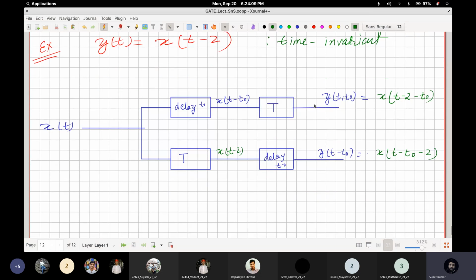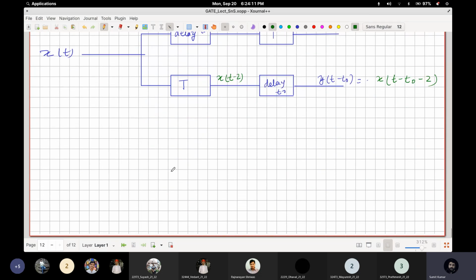And let's just, for the sake of completion, look at this system. So the new system is y(t) is equal to scaled of x(t), so x of 2t. Tell me whether this system is time invariant or variant.